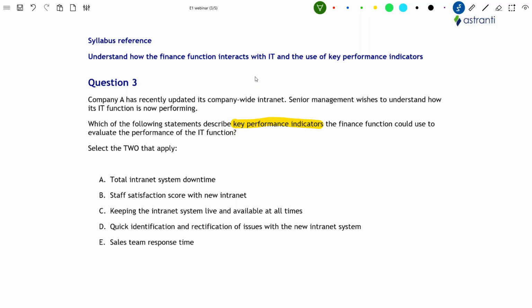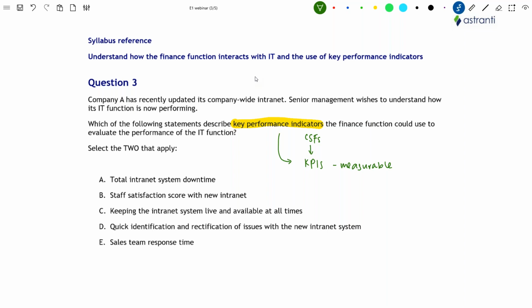Now, in a nutshell, KPIs are measures of performance, with the key term here being measurable. So we've got KPIs here, and they are measurable. So in other words, you could collect data on them. That's what makes them measurable. And KPIs are based on critical success factors. So we've got critical success factors here at the top, or CSFs for short.